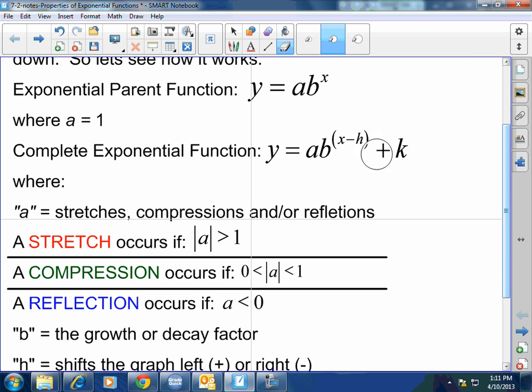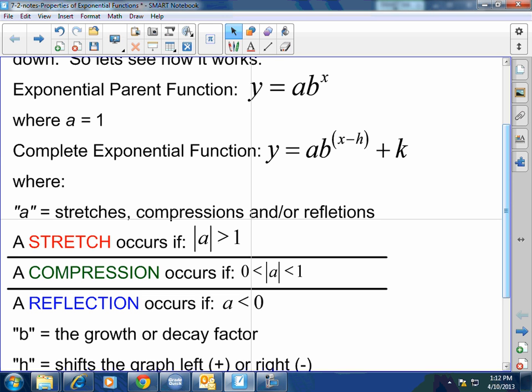So, let's talk about this. A represents the stretches, the compressions, and or the reflections. Just like the other parent functions. That's why I think this is a very simple section, because it's very similar to the last one.